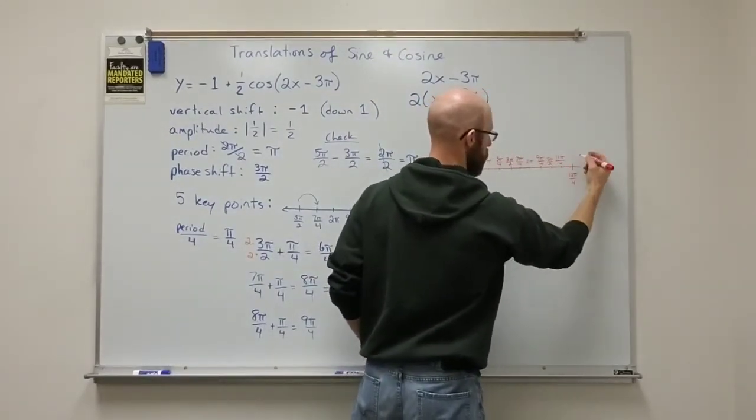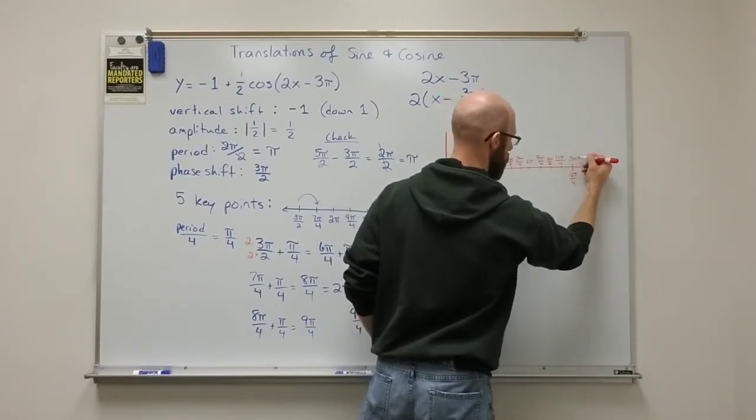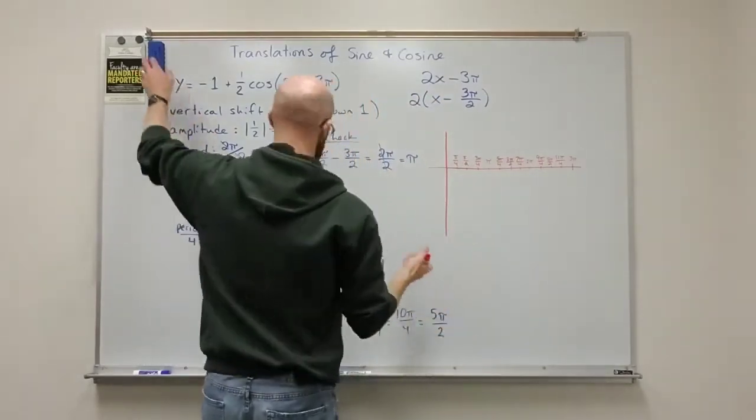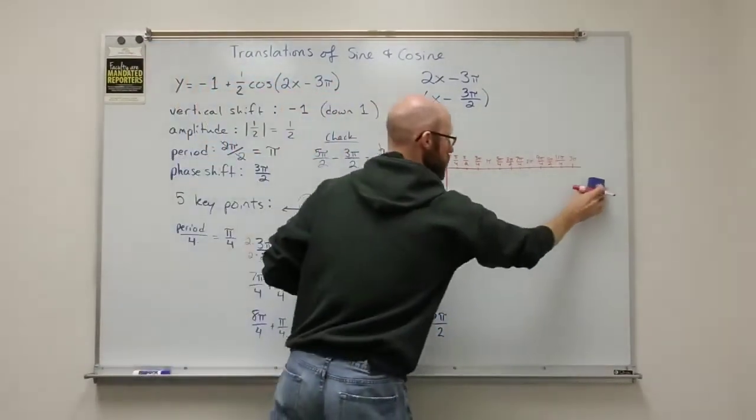And 12 pi over 4 is 3 pi. Okay? All right, so let me clean that up just a little bit.